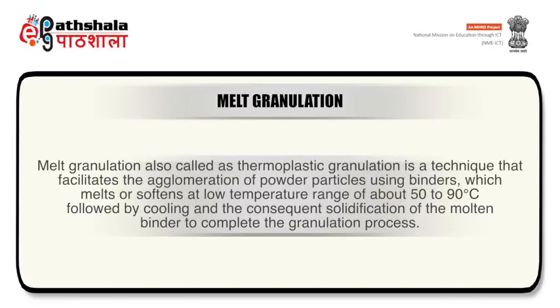Melt granulation, also called thermoplastic granulation, is a technique that facilitates the agglomeration of powder particles using binders, which melt or soften at a low temperature range of about 50 to 90 degrees Celsius, followed by cooling and the consequent solidification of the molten binder to complete the granulation process.